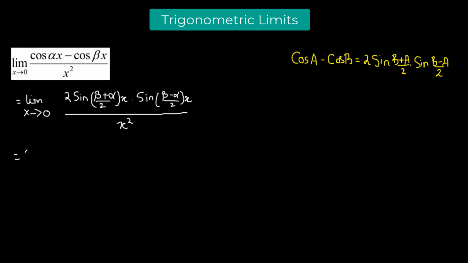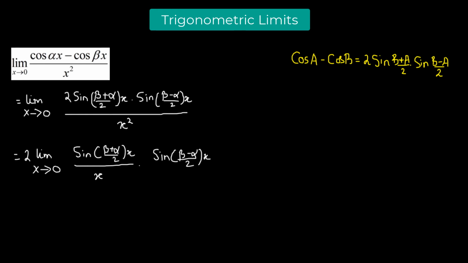So we have 2 times the limit as x tends to 0 of sine of (beta plus alpha) over 2 times x divided by x, multiplied by sine of (beta minus alpha) over 2 times x divided by x.